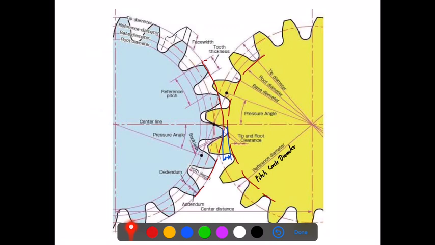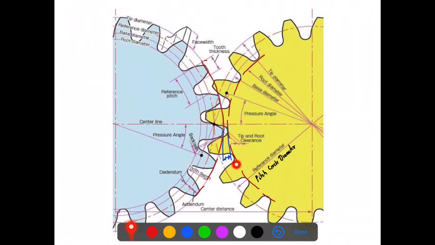If we consider over here, this is the top of the first gear, and this is the root circle of the second gear, and you see the difference in distance between the top of the first gear teeth and the bottom of the second.